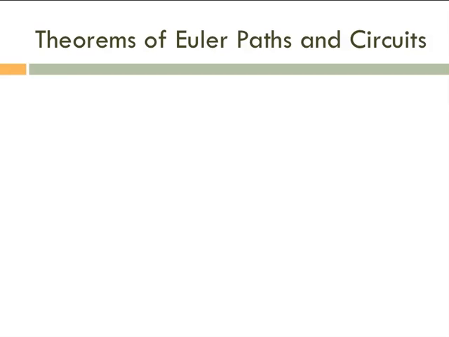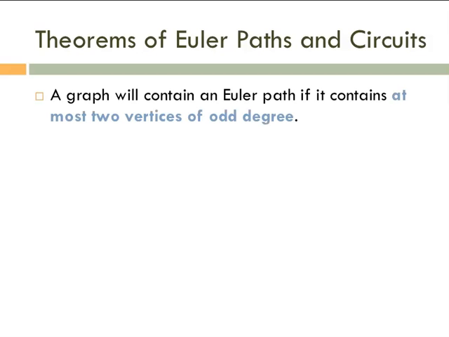So here they are. The first theorem is: a graph will contain an Euler path if it contains at most two vertices of odd degree. What this means is if all the vertices have even degree, then you definitely have an Euler path.